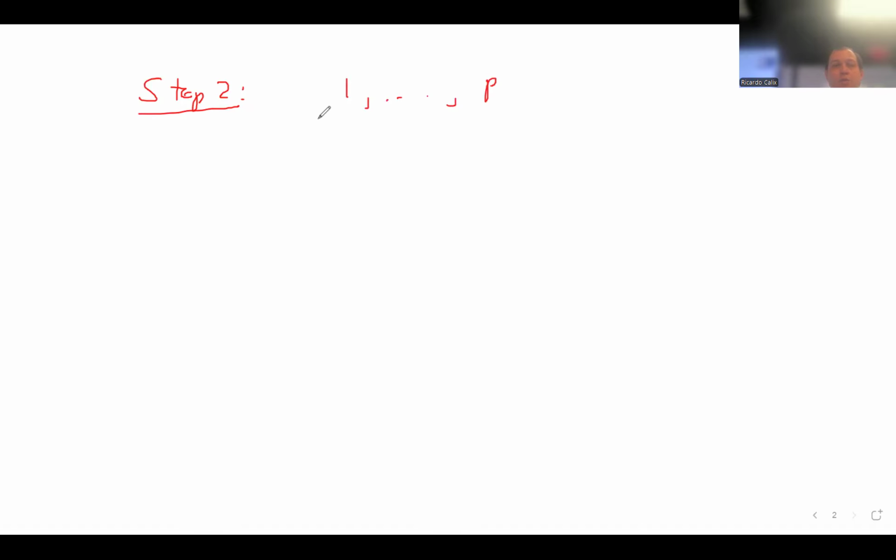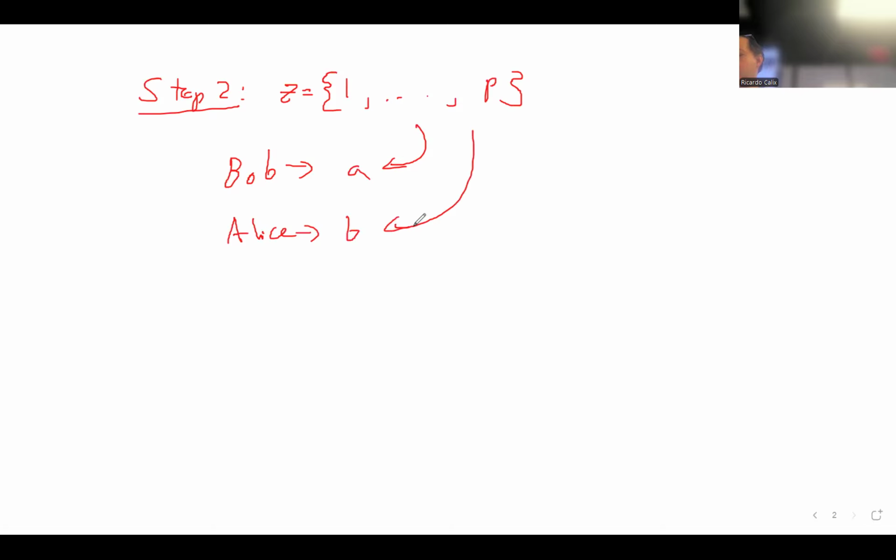And we're going to call this group Z. So this is a group Z. And from that group, they randomly select two parameters. So for instance, Bob selects A and Alice selects B. Okay, so select these two parameters.